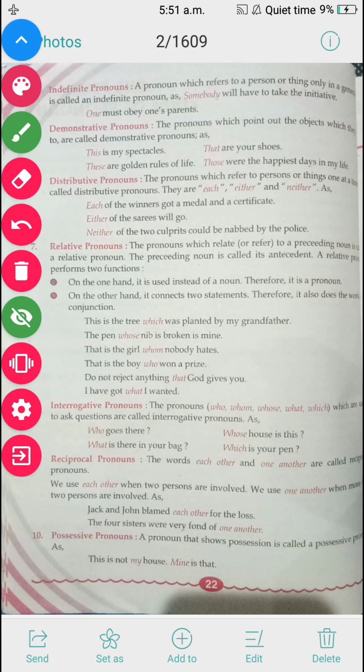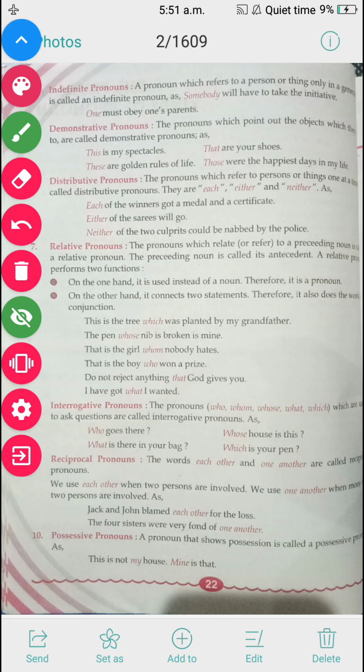Students, see reciprocal pronouns. These words, each other and one another, are called reciprocal pronouns. Why? Just see, we use each other when two persons are involved. Each other means two persons, and we use one another when more than two persons are involved.